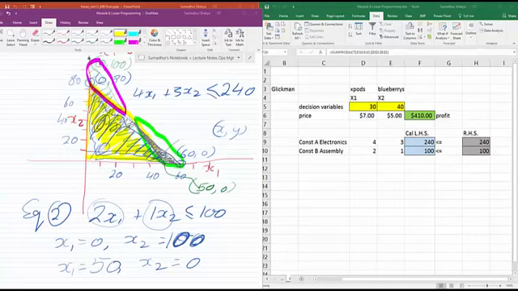Now, at this point, we see that there's an intersection. Let's say we have a choice of not making any xpods or any blueberries, which would be 0x1 and 0x2. At this point, our profit would also be 0. If we were at 0, 80, which means we make 0 xpods and 80 blueberries, then we'll have a certain profit.